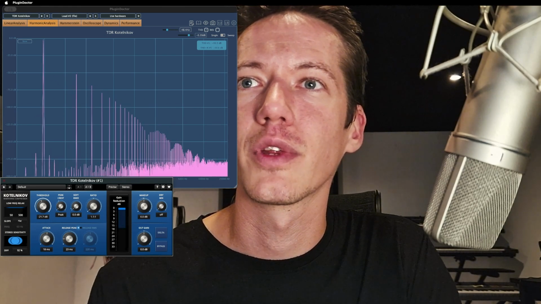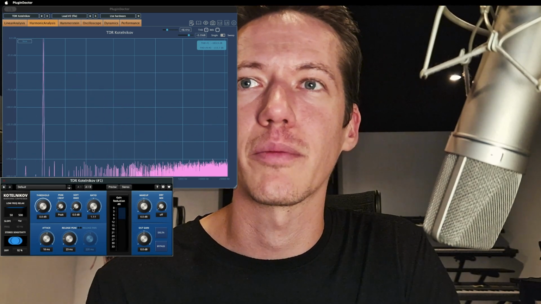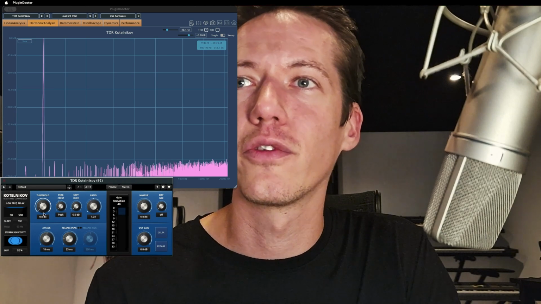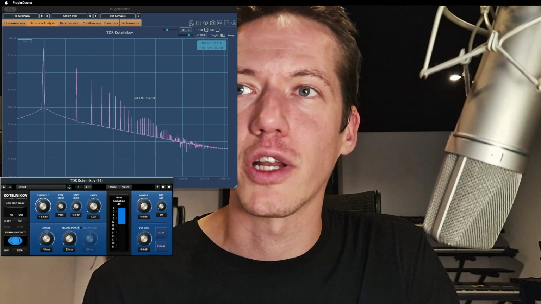So in this case, I have Kotelnikov, and we're going to look at this. We see obviously that if I have no ratio and the threshold is super high, there are no harmonics happening. I dial in full ratio, I bring down the threshold to get some reduction happening, let's say like minus 20, whatever.